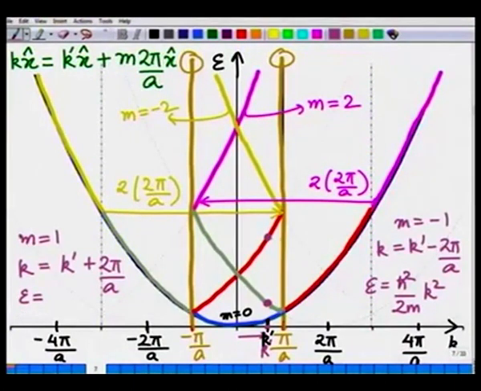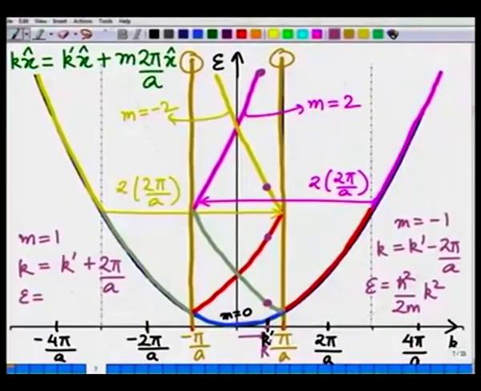And if I use similarly m equal to minus 2, and right here m equal to plus 2, then I will be right here, in these 4 points. This way the entire parabola, which is going all the way up to infinity, can be represented only within the confines of the first Brillouin zone by using these different lines within it, and labeling them appropriately with the value of m.